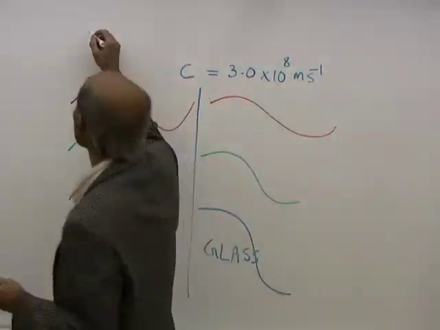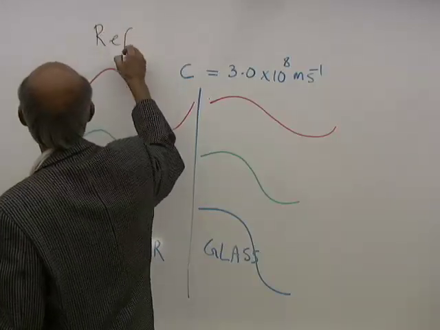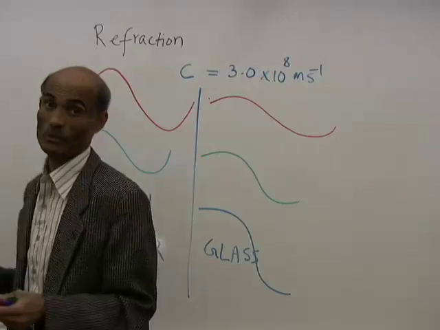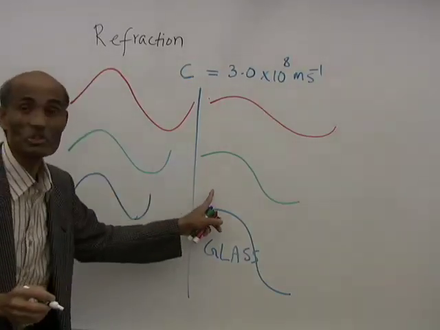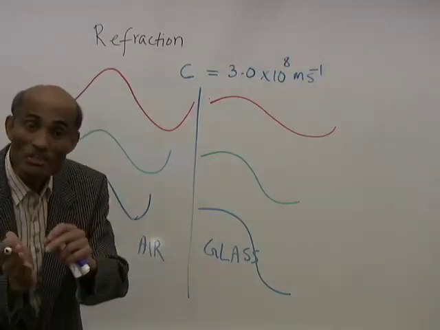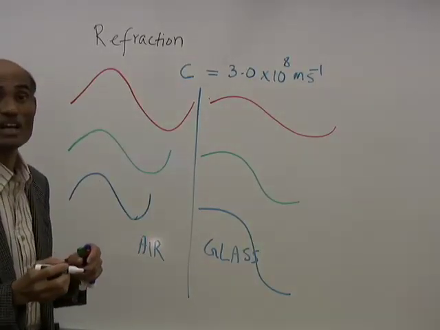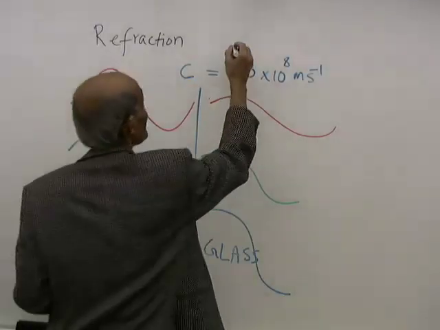And that process is called refraction. Now, the ability of a transparent medium to bend light is represented by a quantity called refractive index.